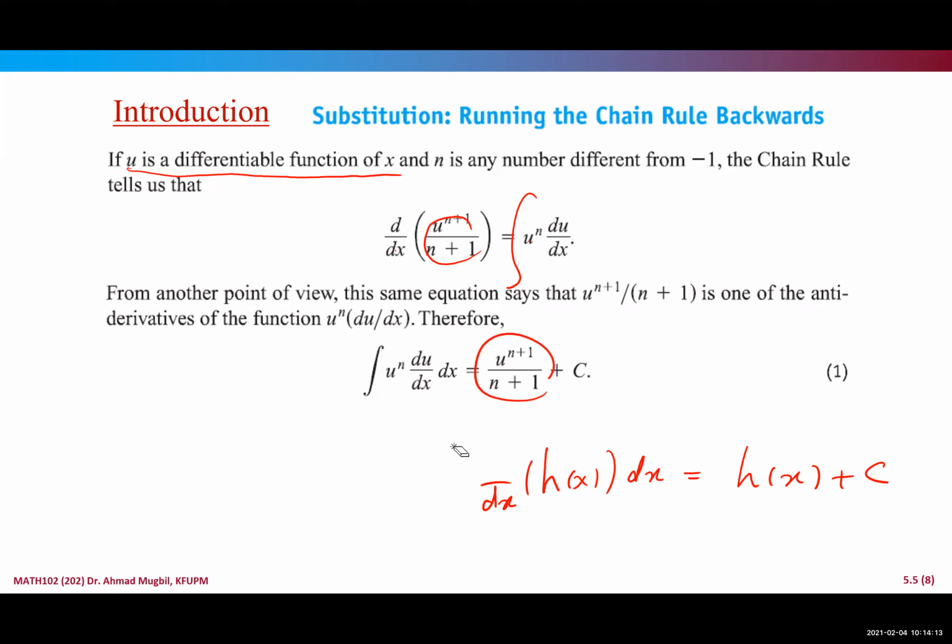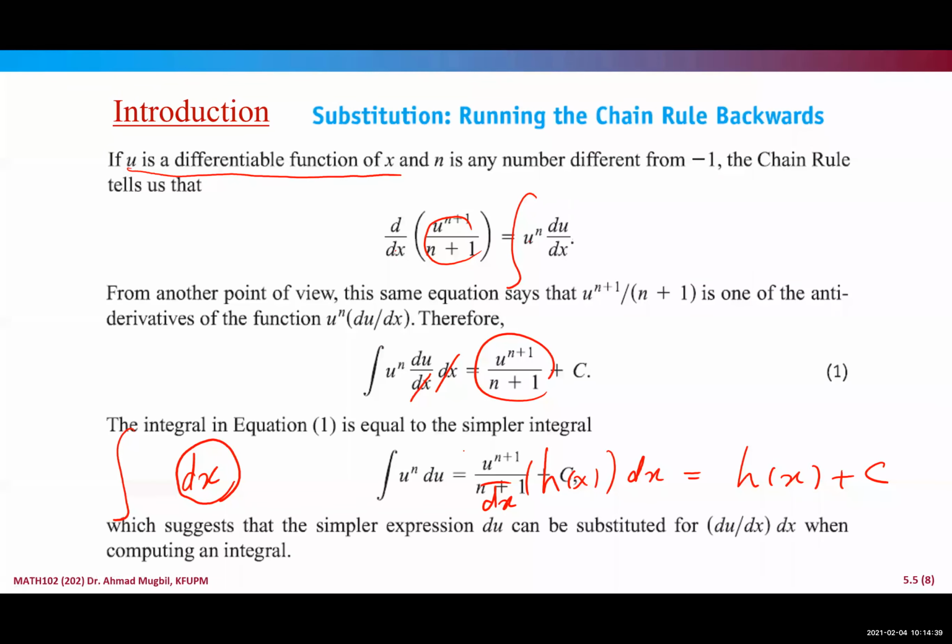Now, shabab, when we have the integral sign and here dx, we can think about dx like the differentials that you studied in Math 101. You can think about it like a number that you can cancel, divide, or multiply by. So you cancel this with this, and you will have the integral of u to the power n du equals this.